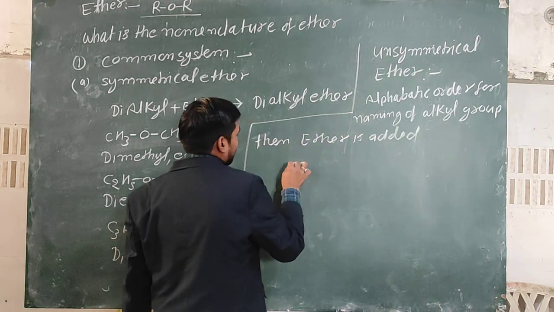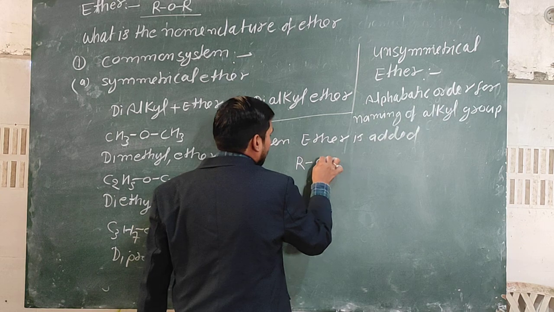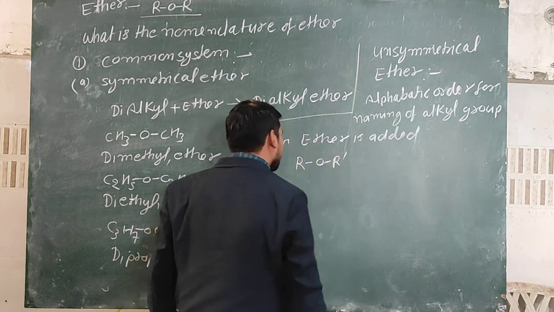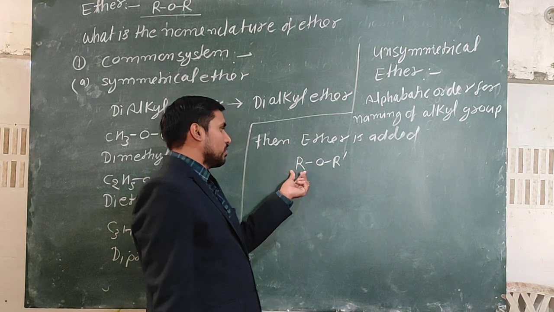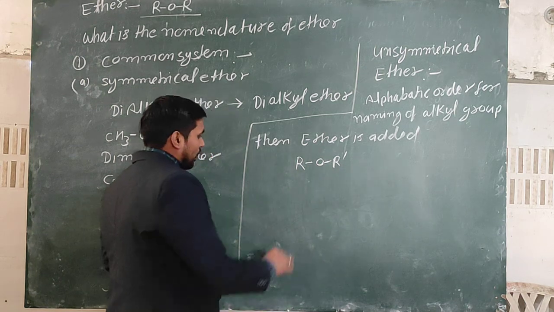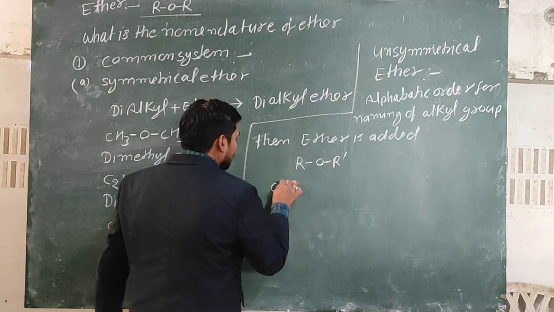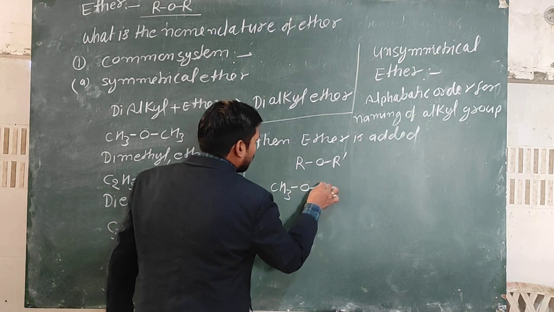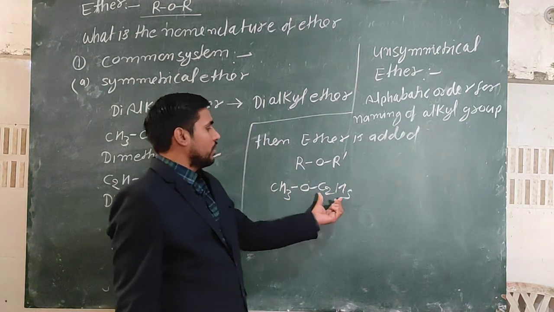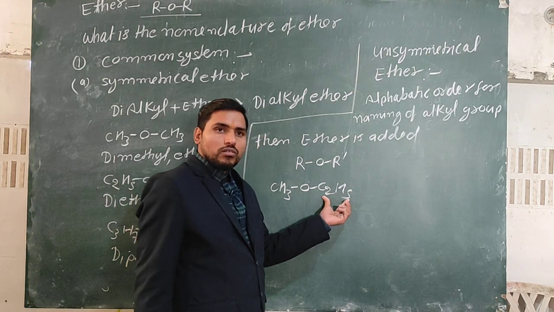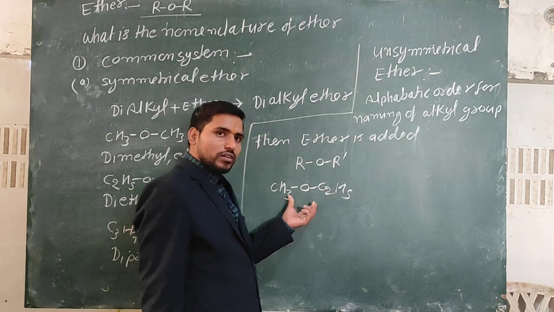For example, ROR dash. Here two different types of alkyl group are present. One is R, second is R dash. For example, CH3OC2H5. Here methyl and ethyl groups are attached with the oxygen atom.